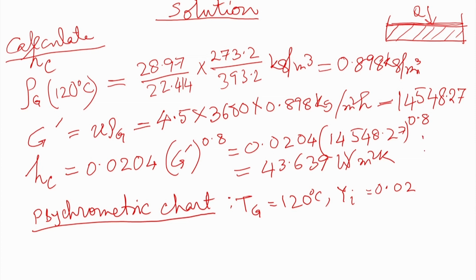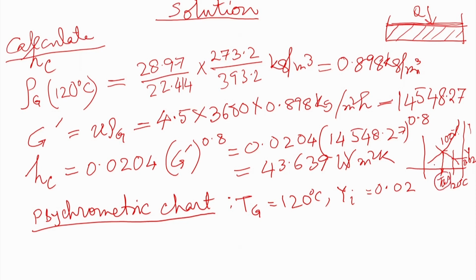So, we have this, say this is the 100% saturation line and this is y, then for 0.02 and for 120 degree Celsius, we will be taking this adiabatic saturation line, moving from this 0.02 at 120 degree Celsius until we reach the 100% saturation line. Whenever we reach this, that will be TAS.